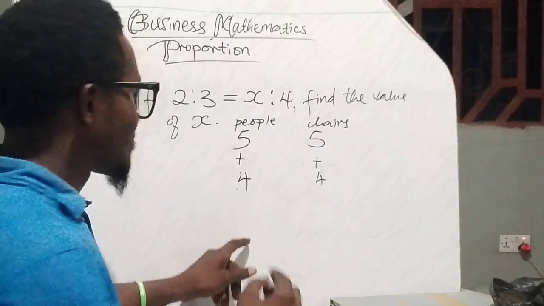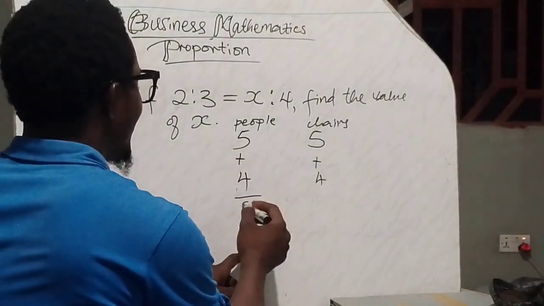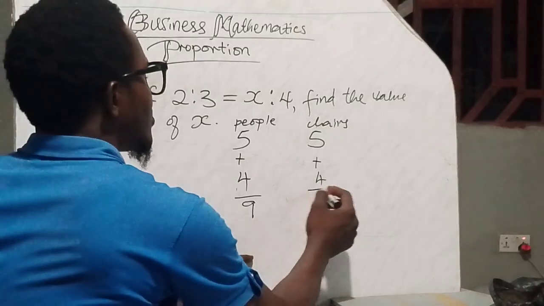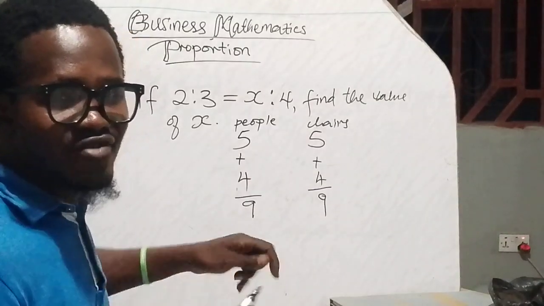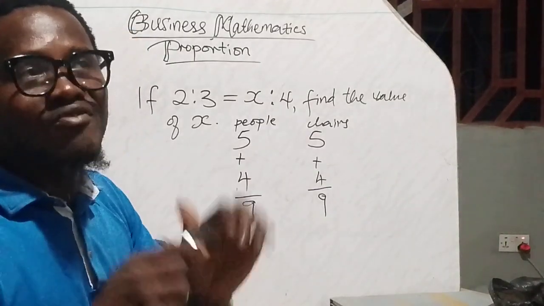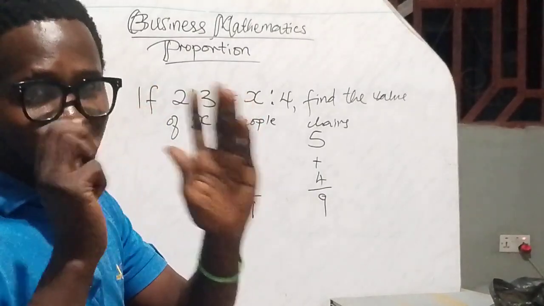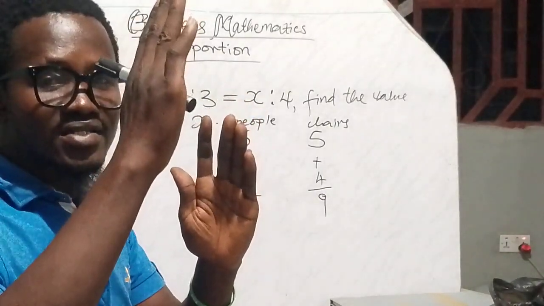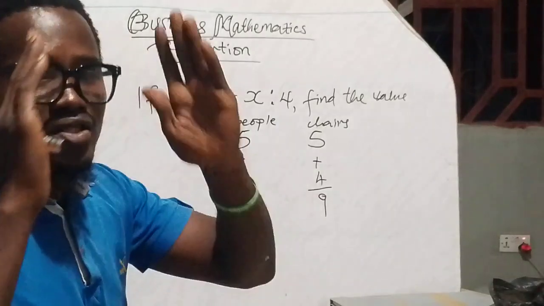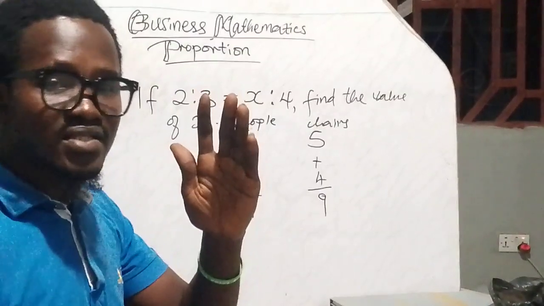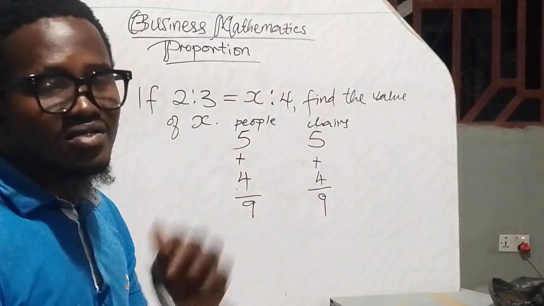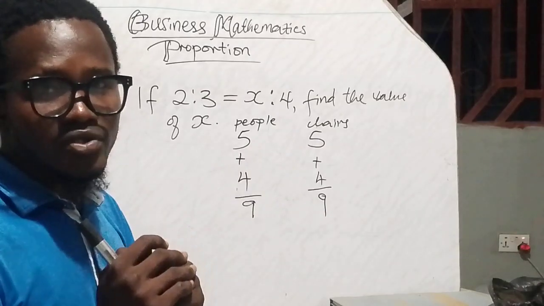You note that as the number of people increases, the number of chairs increases. So have you observed that both quantities are moving in the same direction, like I did say? If it's an increase, as the one increases, so also does the other. If it's a decrease, as the one decreases, so also does the other. That is a direct proportion.